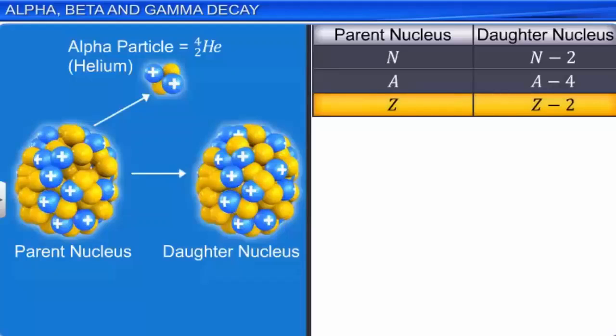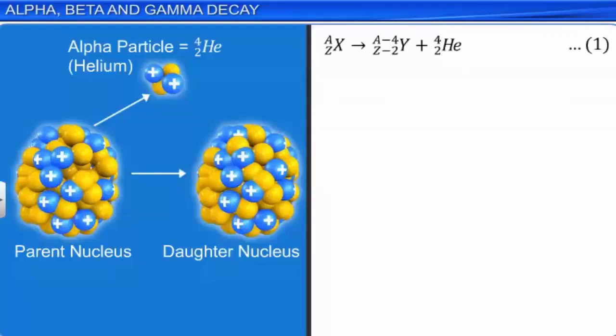Since the proton number Z of the nucleus changes in this decay process, the chemical symbol of the daughter nucleus is different from that of the parent nucleus. If a radioactive nucleus X having an atomic number Z and mass number A emits an alpha particle, then it transforms into a nucleus Y with atomic number Z-2 and mass number A-4.